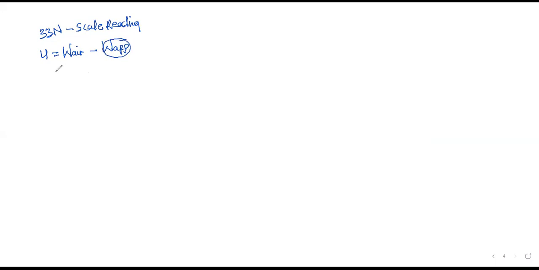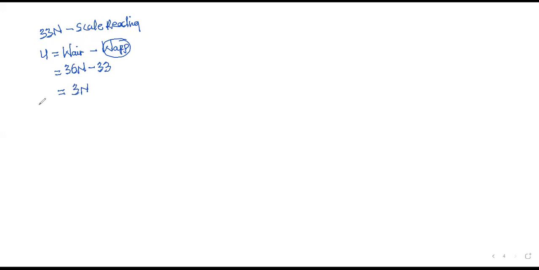So we have the weight in air is 36, mass times acceleration due to gravity. So 36 Newton minus the reading of the scale, which is given to us, 33. So it means that the upthrust is equal to 36 minus 33, which is 3 Newton.